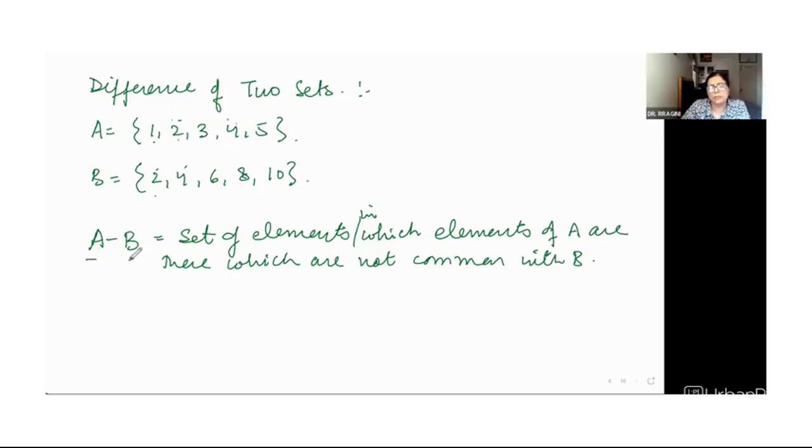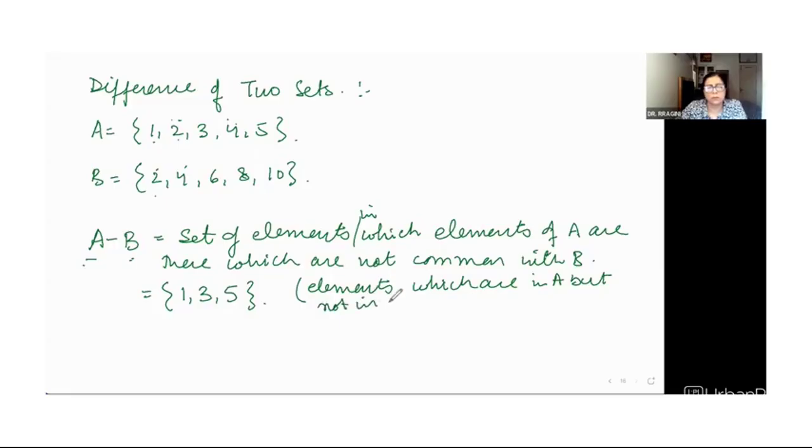So if we write A minus B, it means elements which belong to A but not B. So A minus B is leave 2 and 4 behind, only write those elements which are in A but not B. Elements which are in A but not in B. You can write this as only A, the common term used for this. So you have to leave out the part which is common, the intersection with B, and the rest of the elements is A minus B.